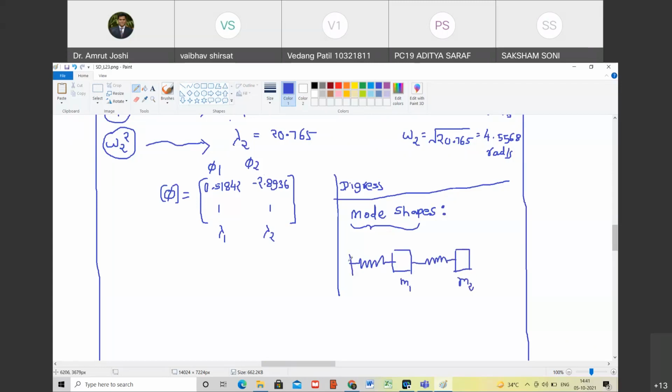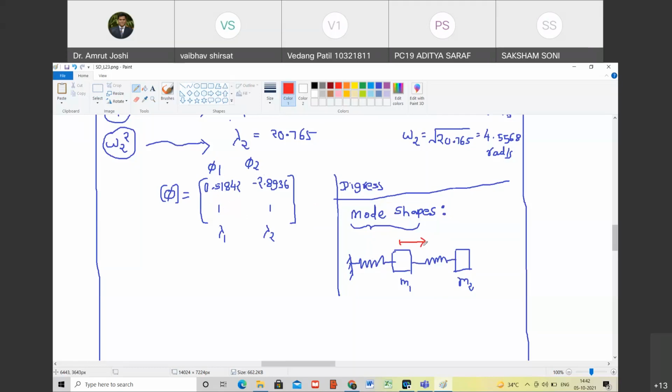If M1 moves by 0.51842 units, it can be kilometer, meter, whatever it is, this first column is to be represented as a multiple. What I mean is you can have 0.51842 and 1, and in this ratio M1 and M2 can move in any multiples. So I will show M1 moving towards the right by 0.51842.